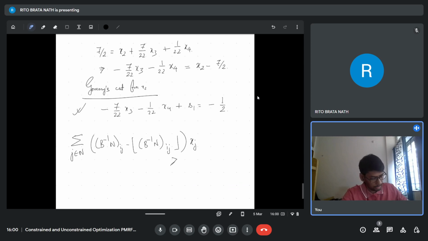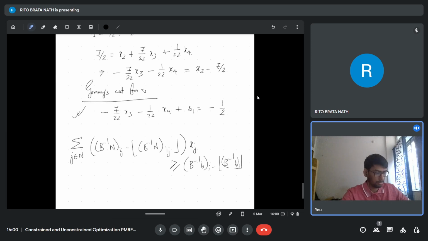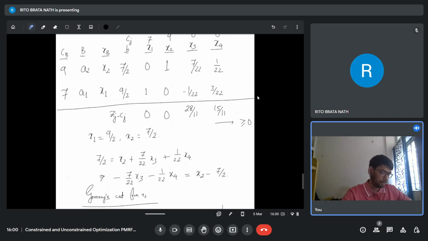For this, you need to know B inverse. The basis you already know, and the inverse you can calculate. The good thing is that your basis is generally an identity.